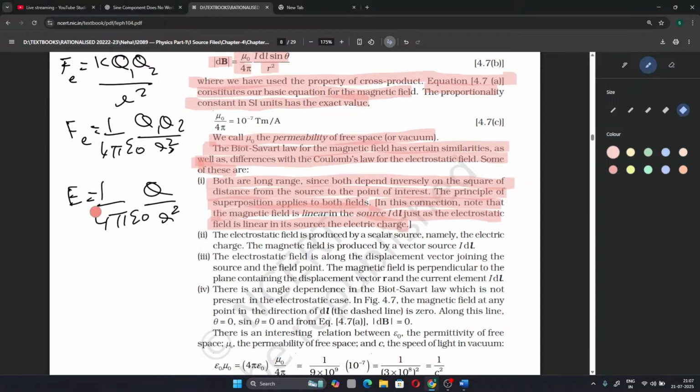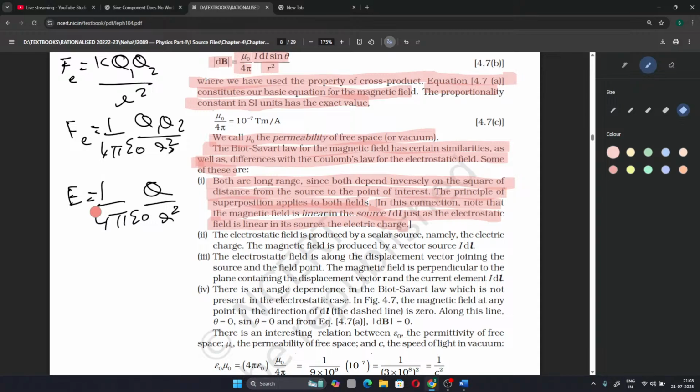In this connection, note that the magnetic field is linear in source, just as the electrostatic field, the electric field is linear in its source, the electric charge. Here the source of the magnetic field is the current element, just like the electric field is linear to its source, the electric charge.